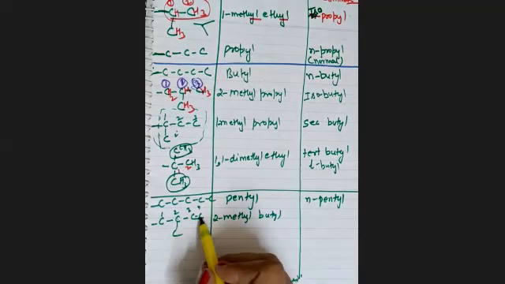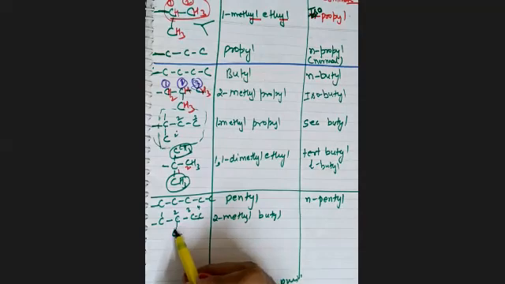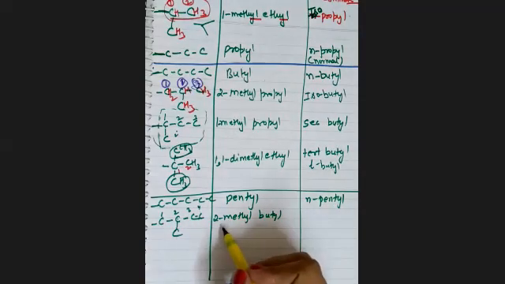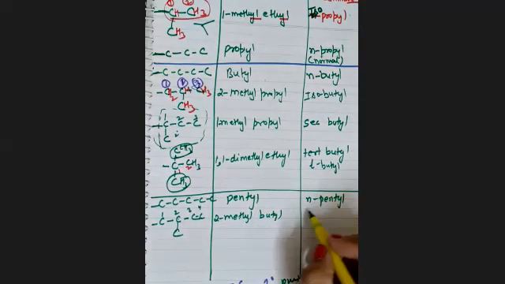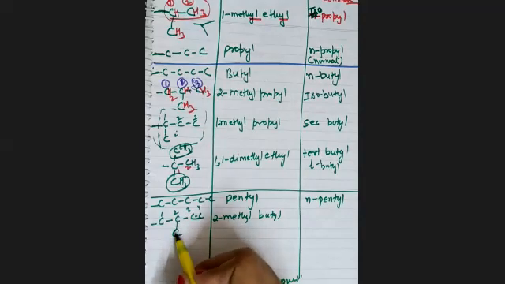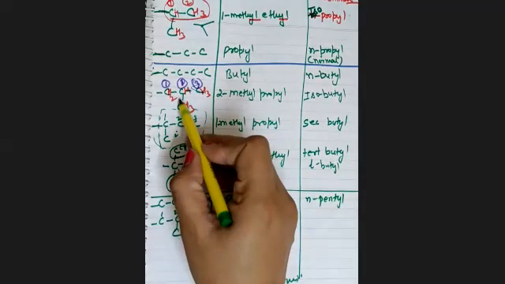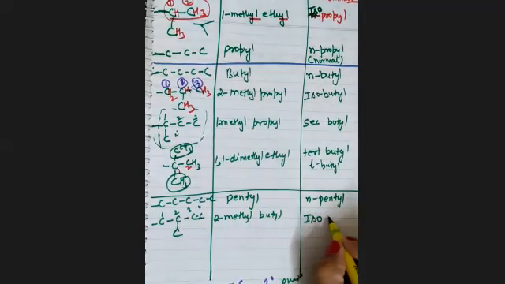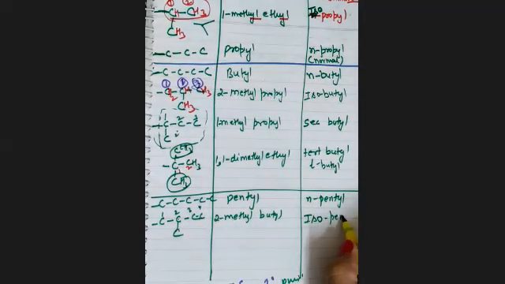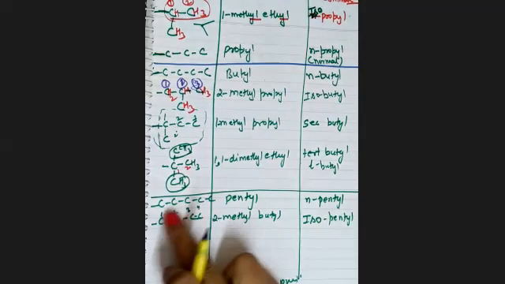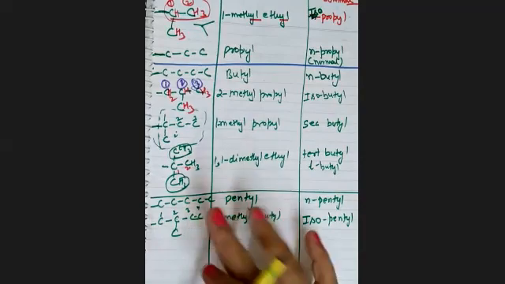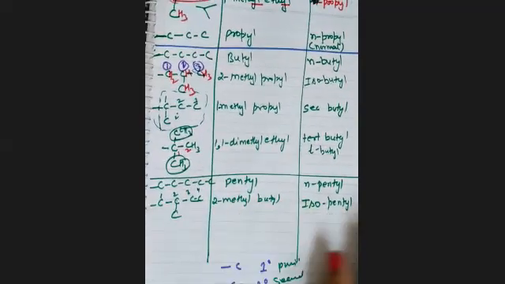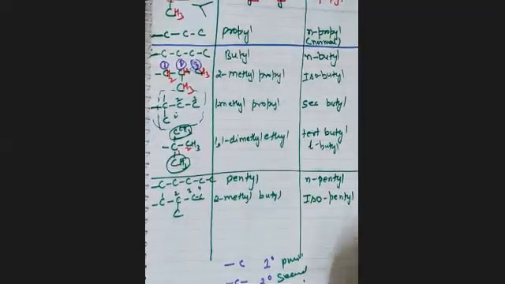Because 1, 2, 3, 4, 4 carbons in the root chain and 1 as a substituent. So this will be 2-methyl butyl. The IUPAC name will be, see the structure. This type of structure is there. I have told you, when you get this type of structure in a chain, then at that time this is known as isopentyl. Why is this pentyl here? Because in the common nomenclature, we consider the entire substituent instead of the bifurcated one.